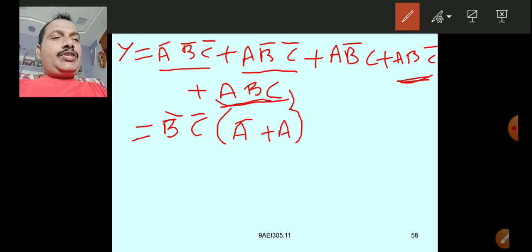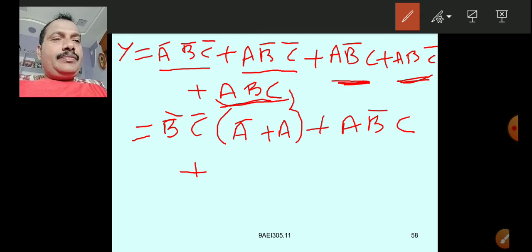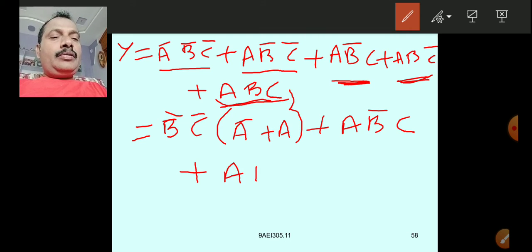So this term A B bar C is not disturbed, I will write as it is: A B bar C, plus I will take AB as common in the last two terms, so C bar plus C.